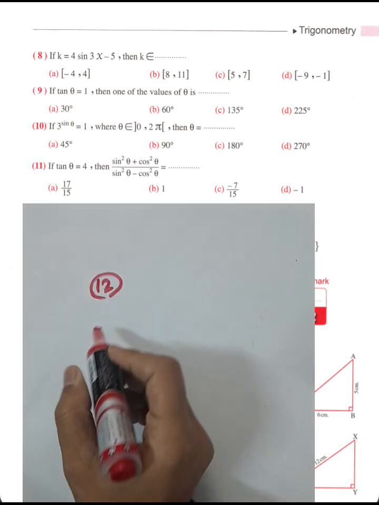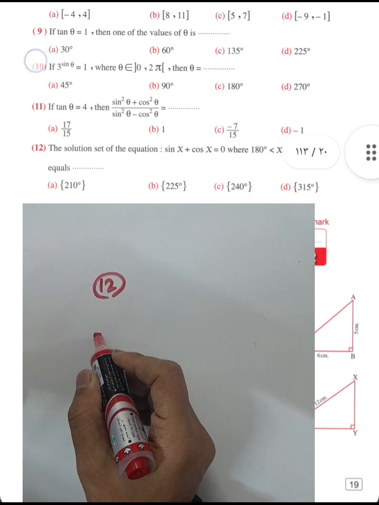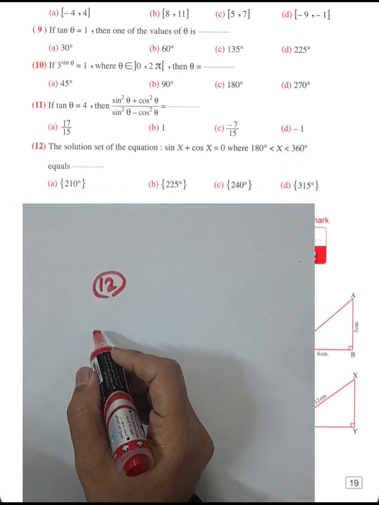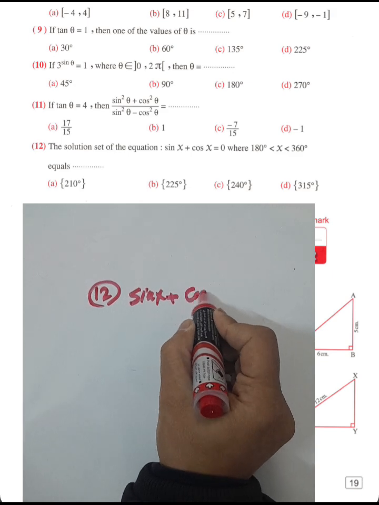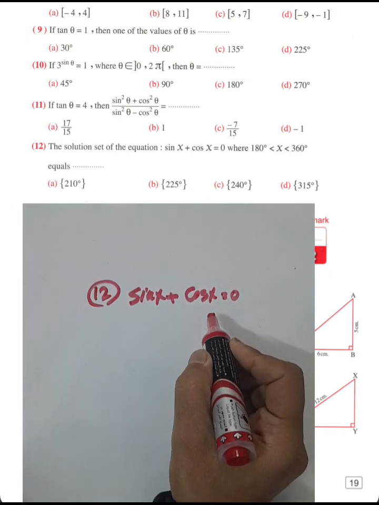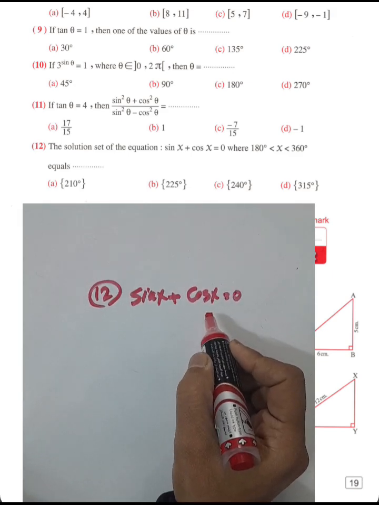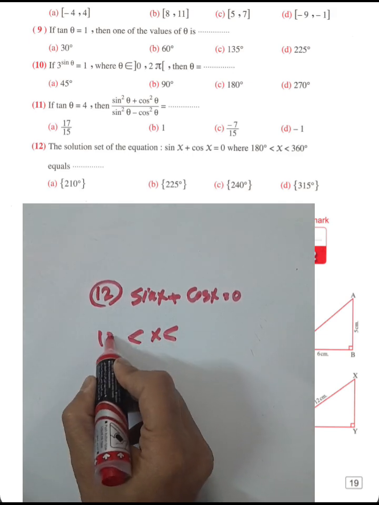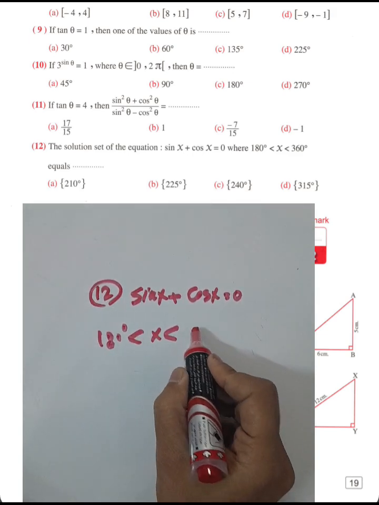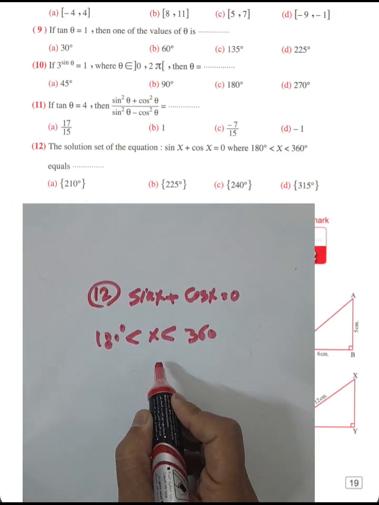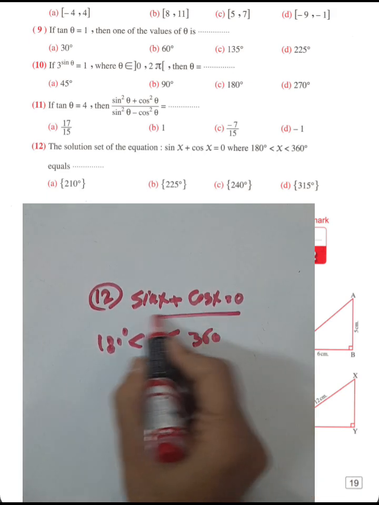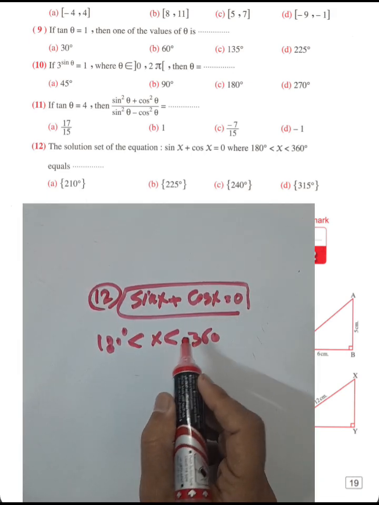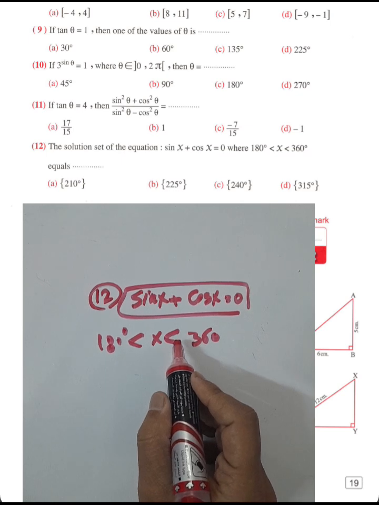Question 12. The solution set of the equation sin x plus cos x equals 0, where x is greater than 180 and less than 360, equals what? You want to find the solution set of the equation. In this example we can divide by cosine.